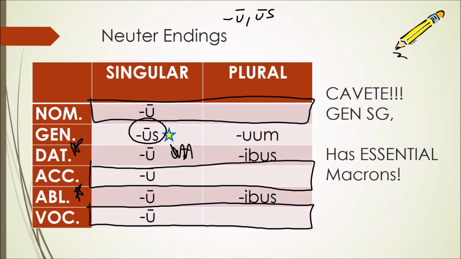And of course, all neuters in the nominative, accusative, and vocative plurals will always have an A. Because it's fourth declension and it's a declension of a lot of U's, it's not going to be just an A, it's going to be a UA in the nominative, accusative, and vocative plurals. And of course, caveat, remember that we do still have that essential macron in the genitive singular.